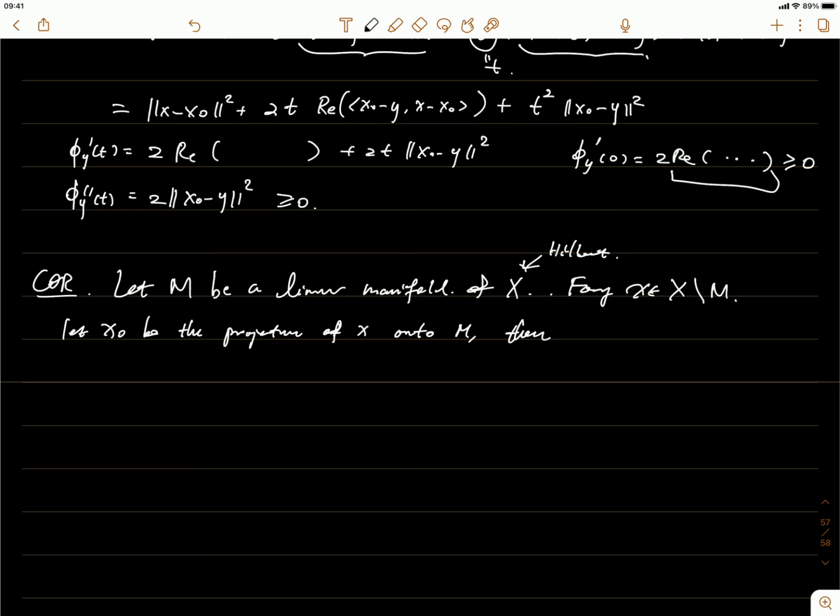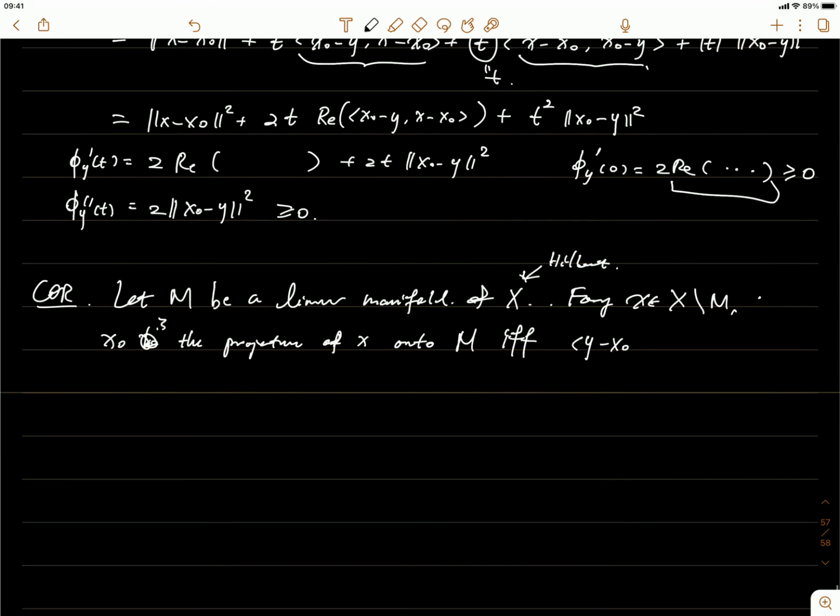So x naught is a projection of x onto M if and only if you take the inner product of, say, y minus x naught and x minus x naught, or x naught minus x.